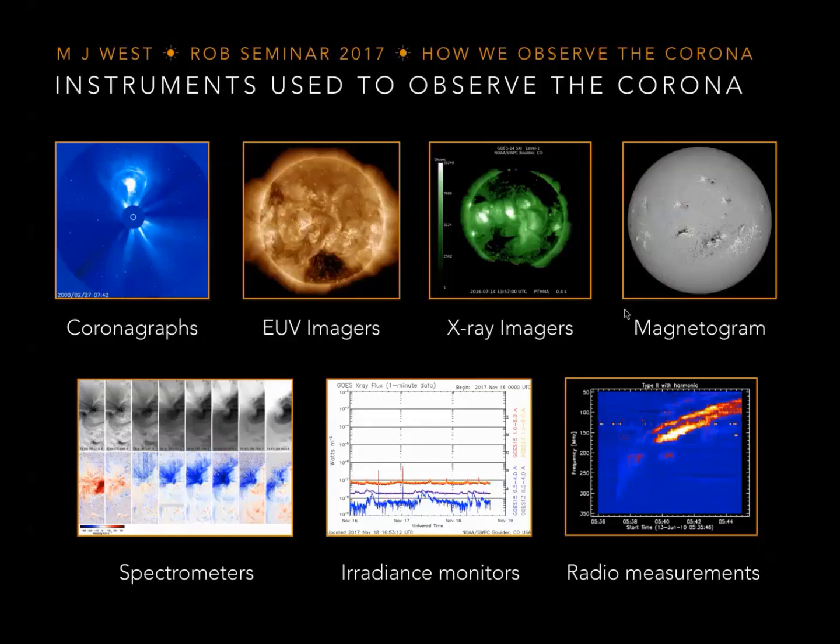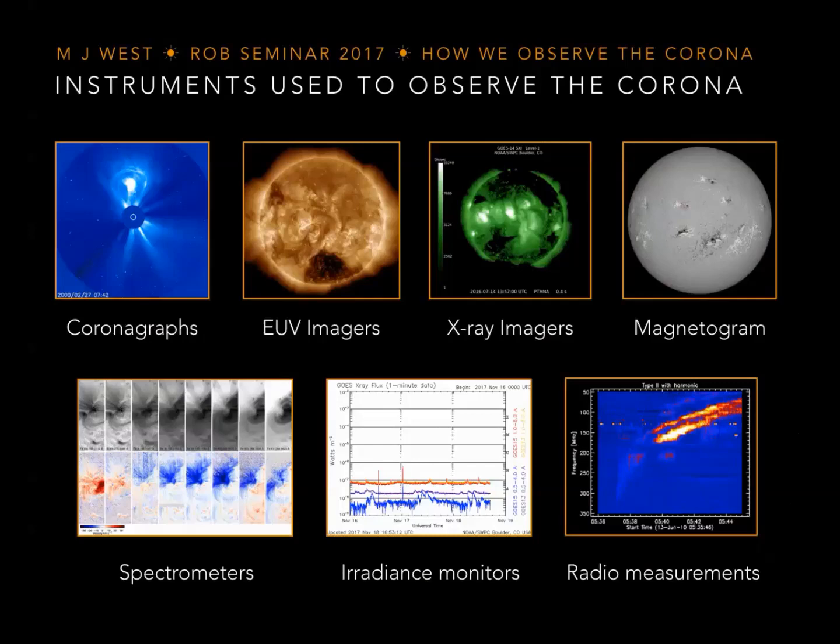The next one I want to point out is a magnetogram, which I will be relying on a little bit. These don't strictly look at the solar atmosphere, but the solar atmosphere is intrinsically related to the magnetic field in the sun. And magnetograms are very useful for looking at what the magnetic field is doing underneath, and we can see where magnetic fields are emerging or going back into the sun.